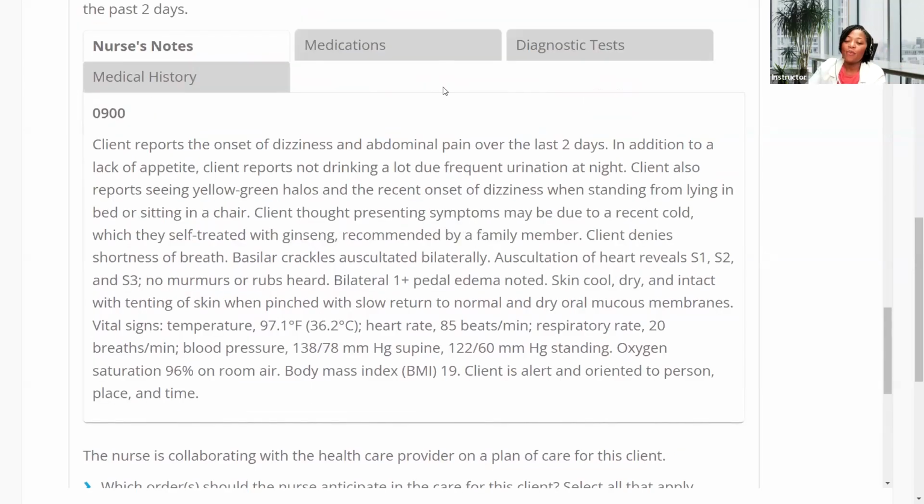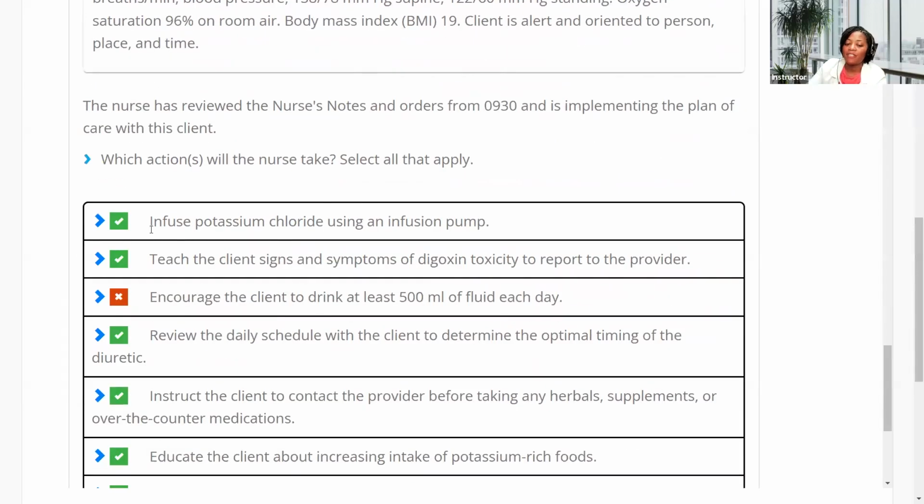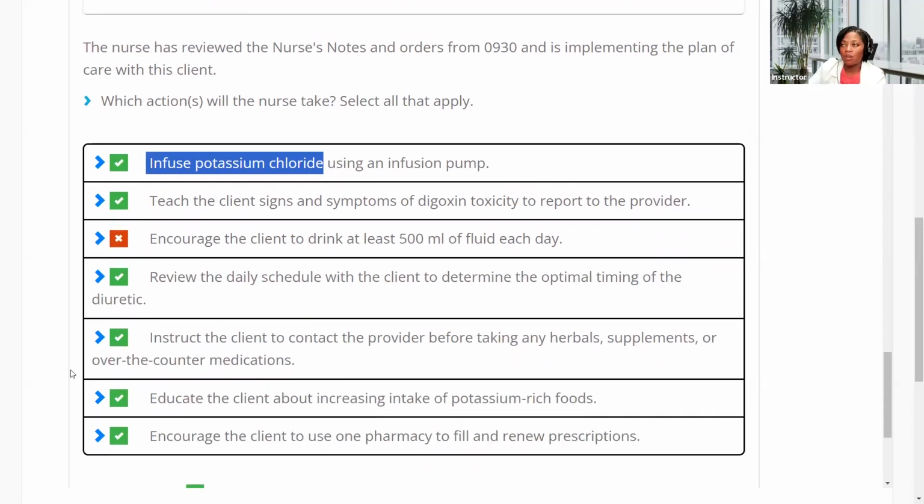So essentially, we do end up giving her potassium on the next one. Take action. I don't know if you remember, but we did give her potassium because the doctor ordered the infusion of potassium. Okay. So again, we gave it. But remember, I was telling you that one of these answers was wrong.